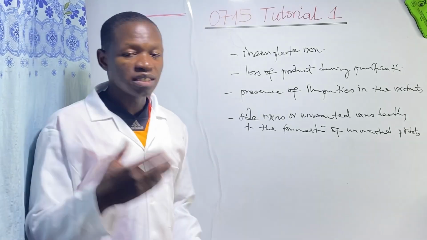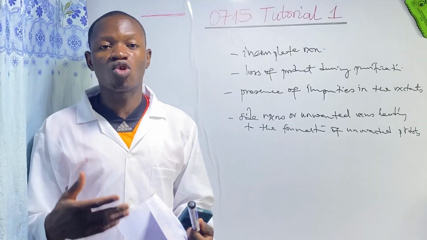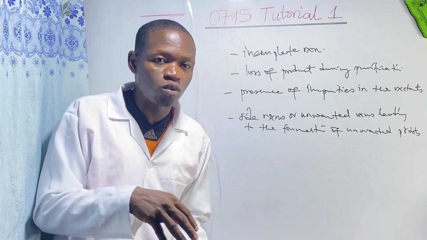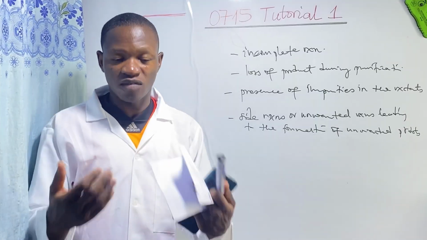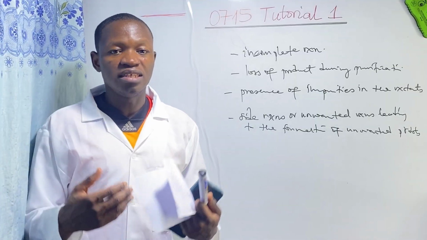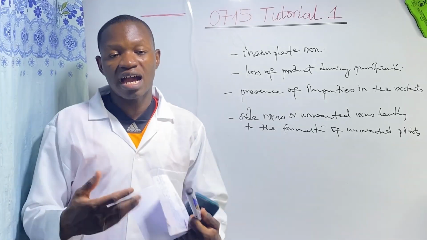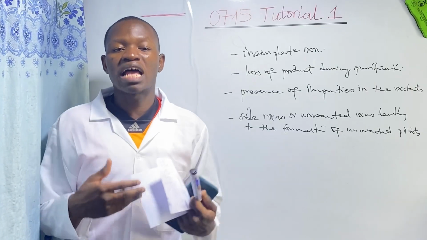We call that side reactions or unwanted reactions. Those reactions take place within the actual reaction mixture, and as a result, they use up some of the reactants, making the amount of reactant that effectively reacts to give us the final product lower than we had introduced.